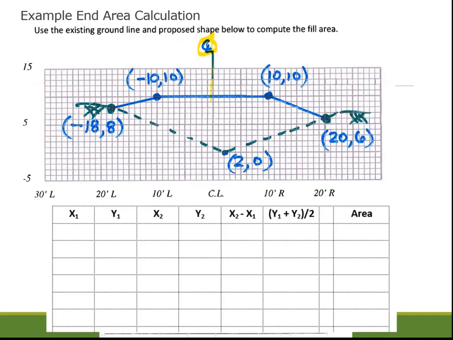And the CL in the middle is the center of the roadway. And so our coordinates go some to the left, in a negative direction, and some to the right, in a positive direction. And with respect to elevation, they are all above the datum elevation of 0.